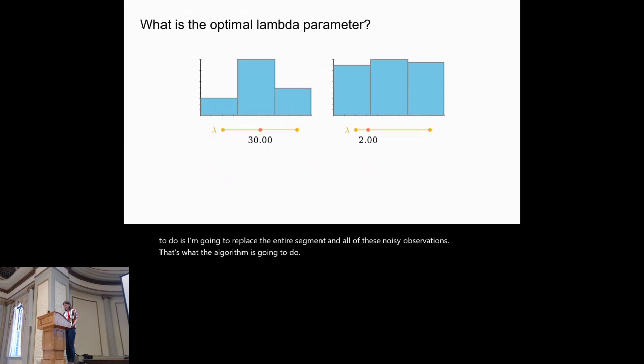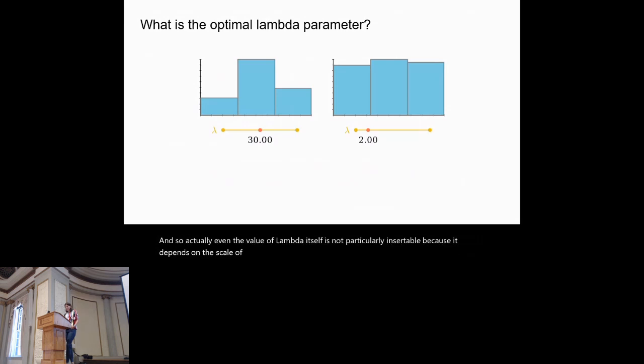Exactly how much segmentation occurs is determined by this lambda parameter. You can use cross-validation to set lambda, and I'll show some examples of what that looks like. But we don't think of this as something where there is a right answer. Instead, when we look at different tracks, we usually look at a variety of lambdas to understand the behavior of the data and help us reason about it. Even the value of lambda itself is not particularly interpretable because it depends on the scale of the data.